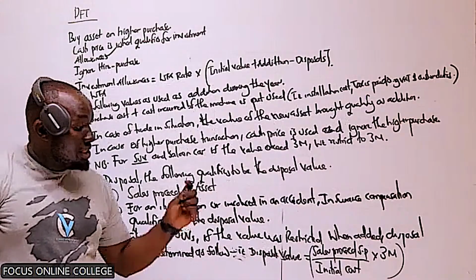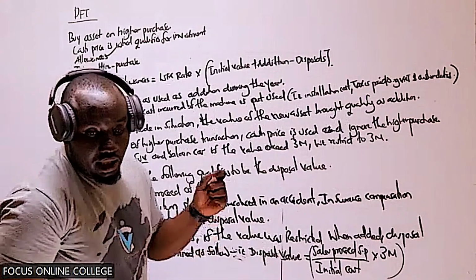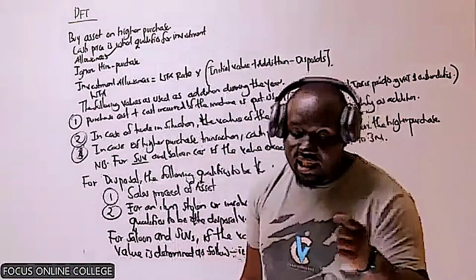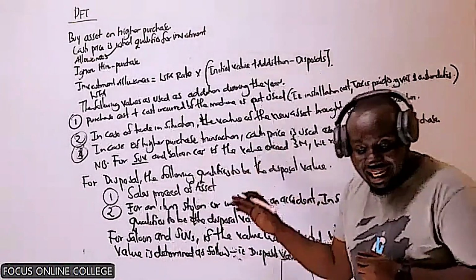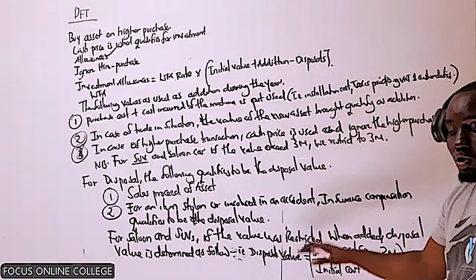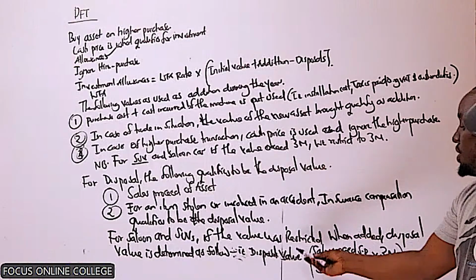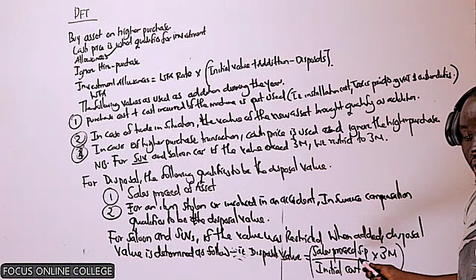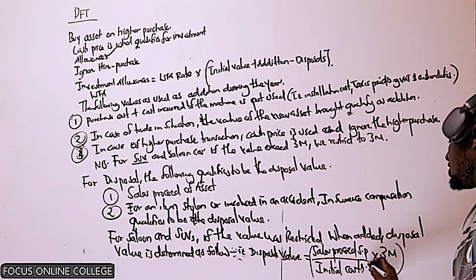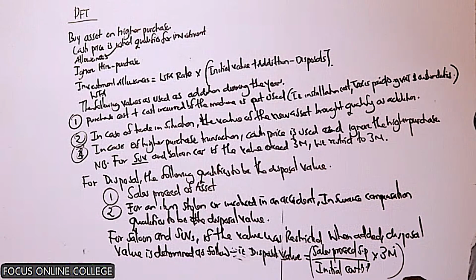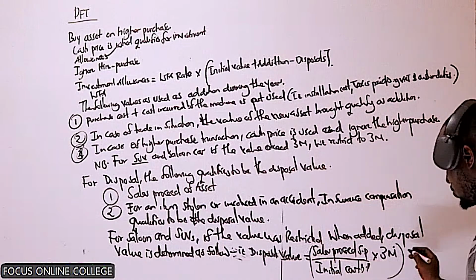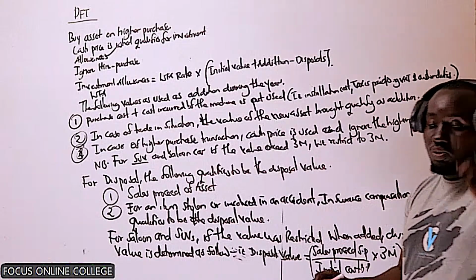If you are disposing an asset that was restricted when you were adding it, therefore when you're disposing that asset, you need to restrict. How do we restrict? We say the sales proceed over the initial cost, that is the buying price, then you multiply by 3 million. This will not be the disposal value until you restrict. What you get is what you get as the disposal value.